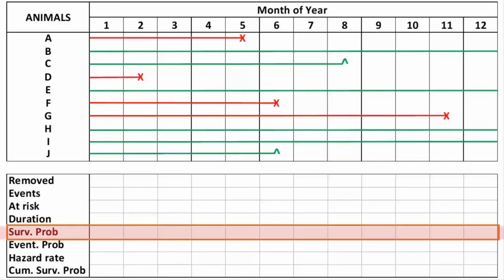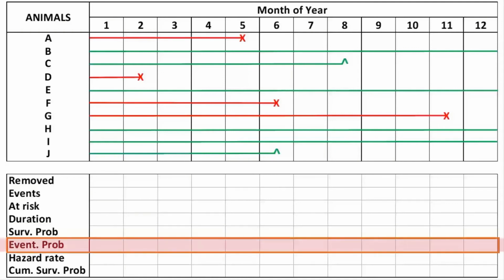The survival probability uses the event row as a numerator and the at-risk row as a denominator for its calculation. So during a particular month, we would have a conditional survival probability calculated between events above and the animals at risk, and that's the probability of survival.